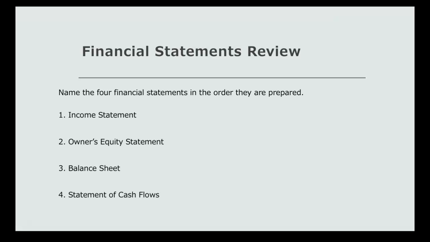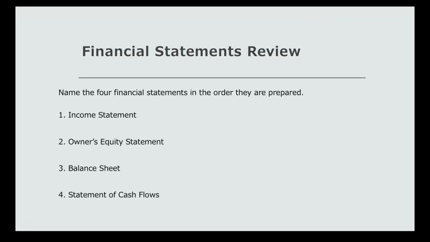This is a statement that you learn later on in your accounting classes how to actually prepare, but you will need to know that it's one of the 4. It's the last one that you prepare, and it just sort of measures where your cash is going and where you got cash from. So those are your 4 financial statements.